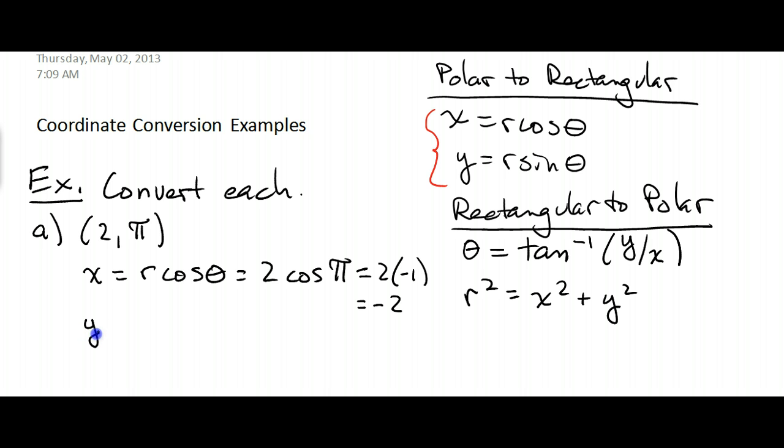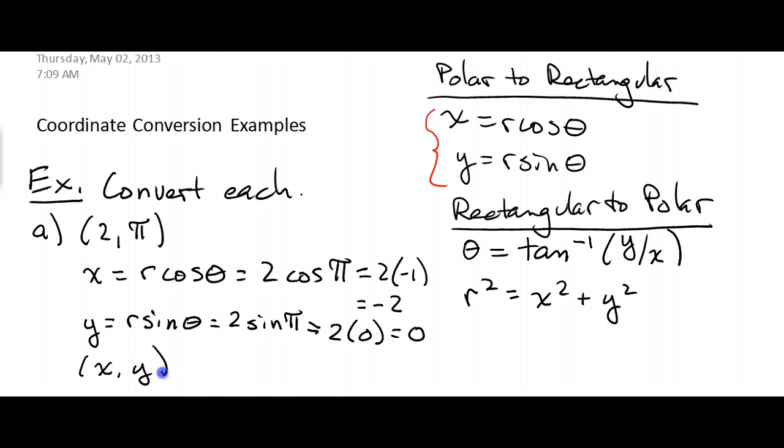And the y coordinate is going to be r sine theta. So that's going to be 2 times the sine of pi. Sine is the y coordinate, and at pi it is 0. So the x, y coordinates of this point are going to be -2, comma 0.